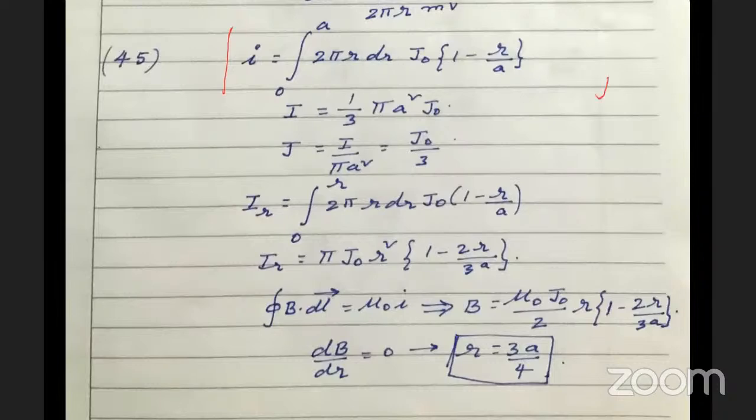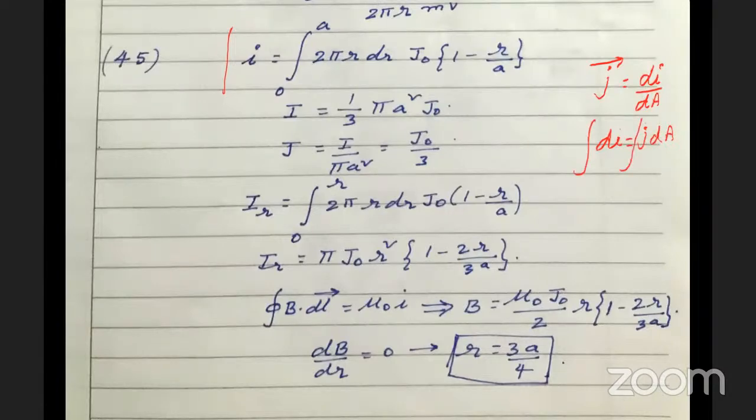So the current density J is equal to dI by dA. Current density J is equal to dI by dA, so dI is equal to J into dA, which you already know. So integrate on both sides, you will get the total current.